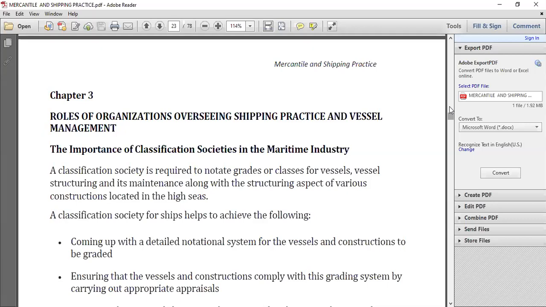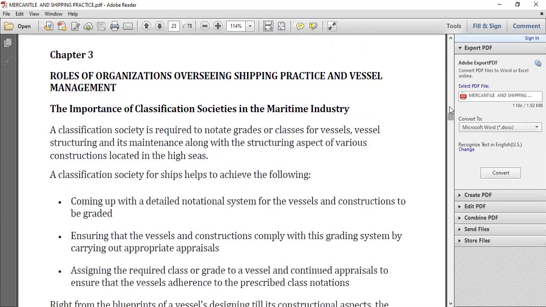In chapter 3, what we are going to talk about is the role of organizations overseeing shipping practice and vessel management.